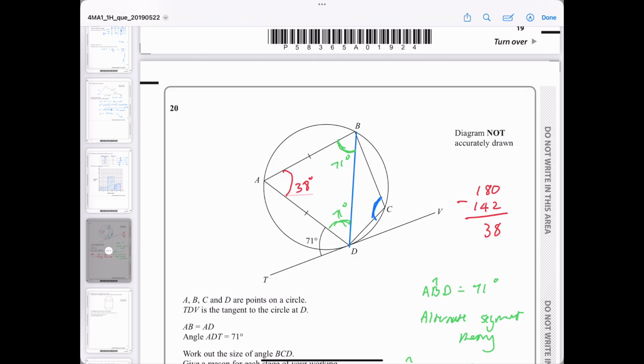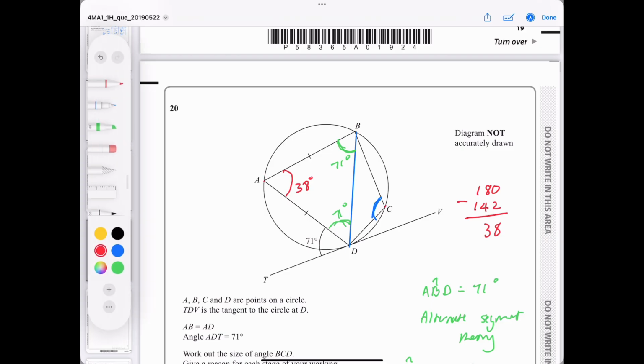Now, you might be thinking, how am I going to find DCB based on this? Well, we know that in a cyclic quadrilateral, where it touches the sides all 4 times, the opposite angles add up to 180.